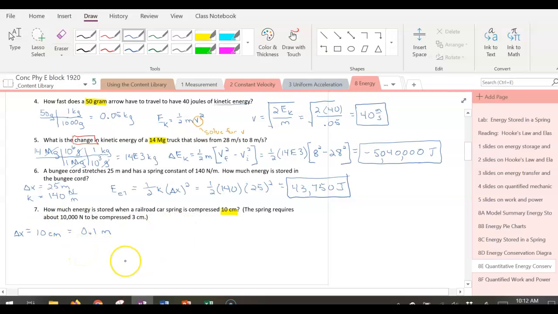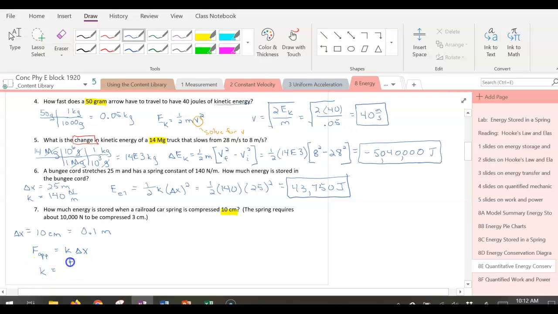And it says the spring requires about 10,000 newtons to be compressed by 3 centimeters. Well, remember Hooke's law says that the applied force equals the spring constant times the displacement. And I really need to find the spring constant.